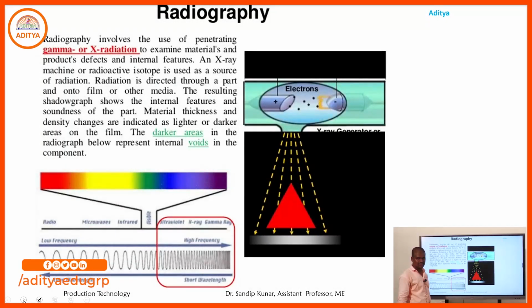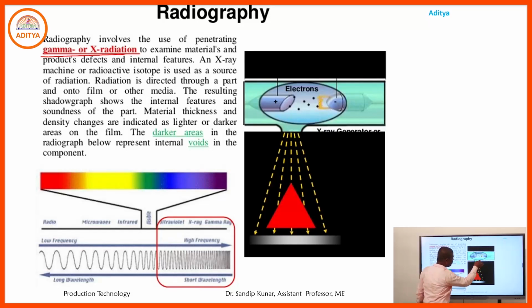There is also the radiography method. Sometimes internal flaws or internal defects are detected using the radiography method, in which gamma or X-ray radiation is used. We pass gamma rays or X-rays through the welding joints.